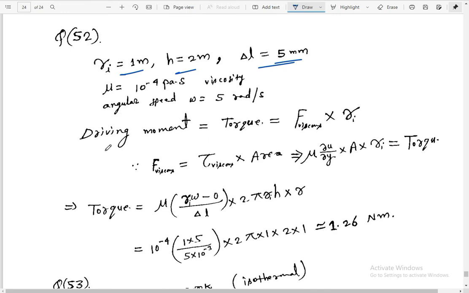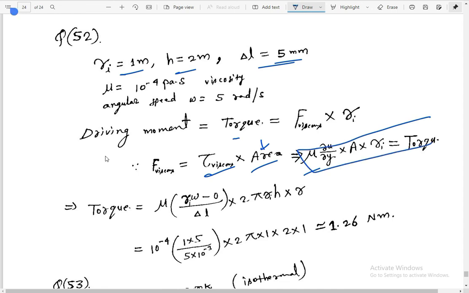Driving moment, that is torque, is equal to force into R, and we know the force, viscous force, is equal to tau into area, and tau is equal to mu into dou u by dou y, area is this one, and R, that is the torque. Okay, this is the torque formula.